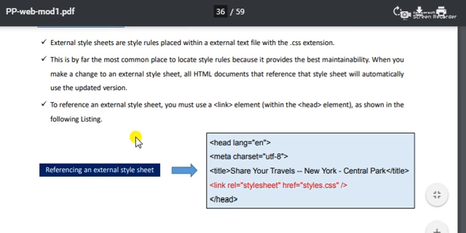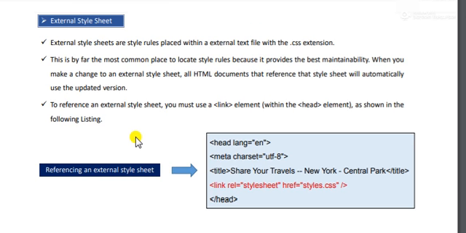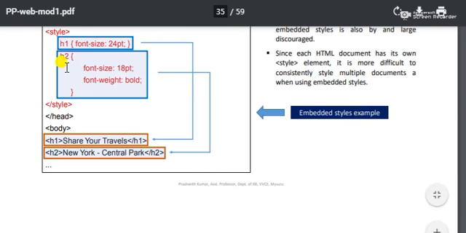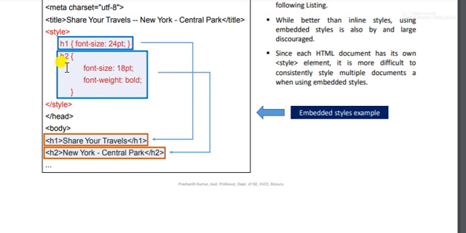External style sheet. An external style sheet is style rules placed within an external text file. So we are going to create one external text file, which you have to save with the .css extension. The difference between internal and external is that in internal, we place the selector, property and values, the designing part of your CSS, within the style element inside HTML.